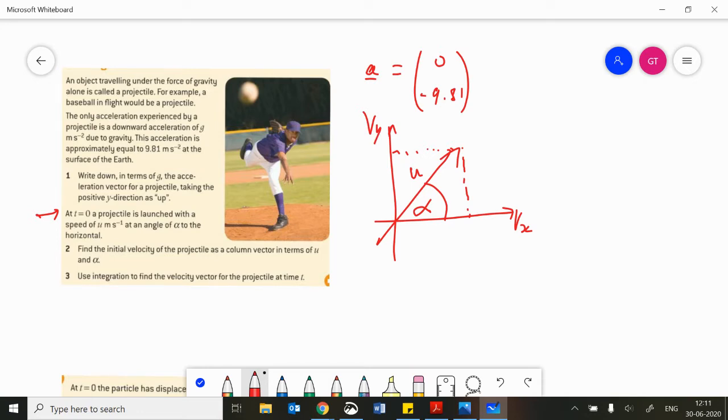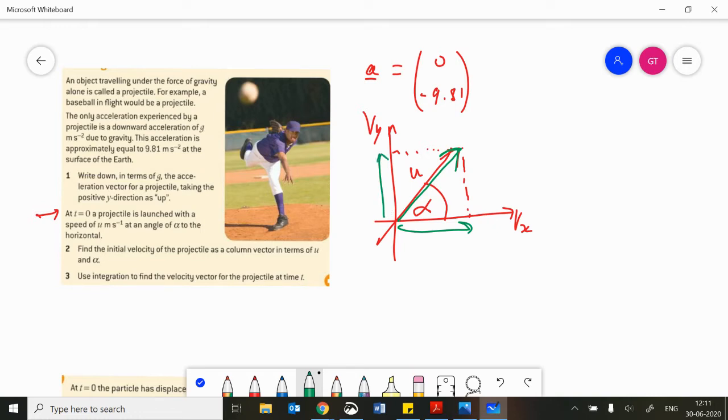So for an expression for this length here, this is our vector. I really shouldn't have drawn it going through the origin. There's our vector there. This is the horizontal component of that vector, and this is the vertical component of that vector.